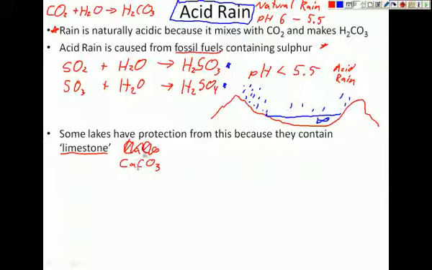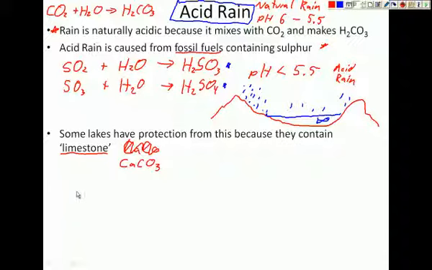Remember that? You can find it on your acid-base chart. CO3 can combine with certain chemicals and almost buffer the lake, so the pH doesn't decrease very much.